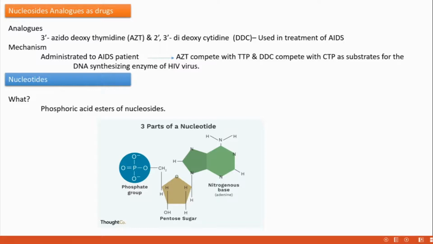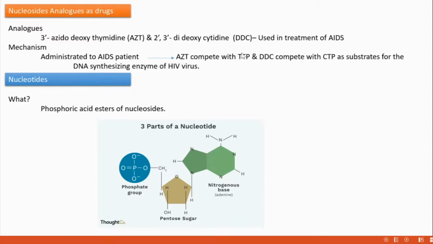That enzyme needs certain substrates to extend the newly forming DNA strand, sorry, newly forming RNA strand. The actual substrates, thymine triphosphate and cytosine triphosphate, need to be incorporated into the growing chain.